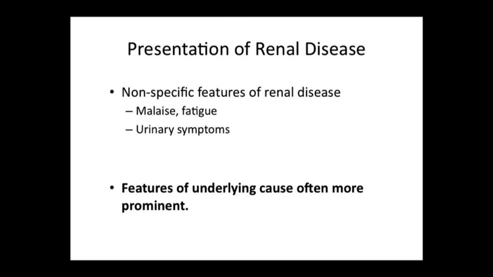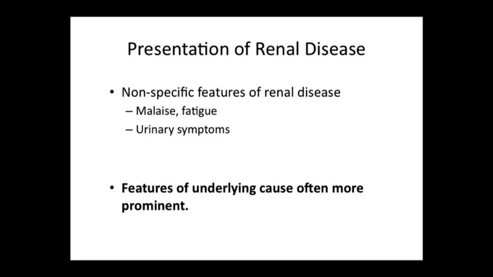You can be pretty sure that's an MI. But in renal disease, things tend not to present that way. Patients with renal disease have non-specific features, malaise and fatigue. They may or may not have urinary symptoms. They might be polyuric, polydipsic, they might be oliguric, they might be anuric. There's nothing really specific that you can pin down.